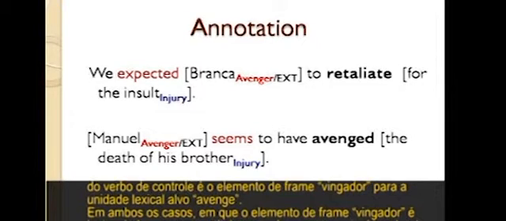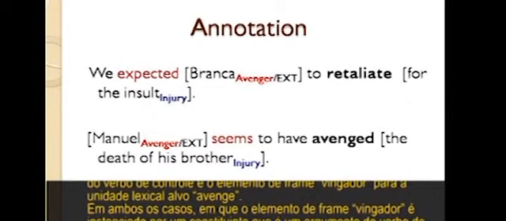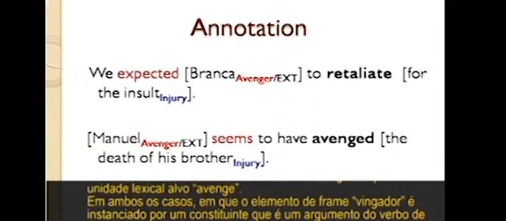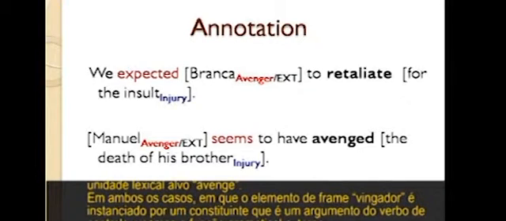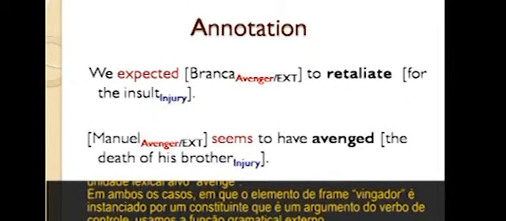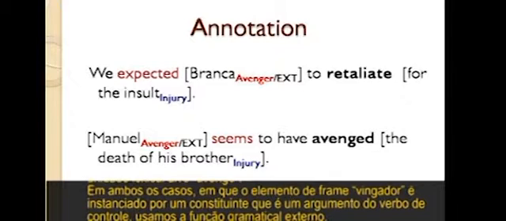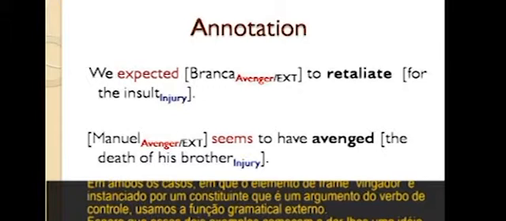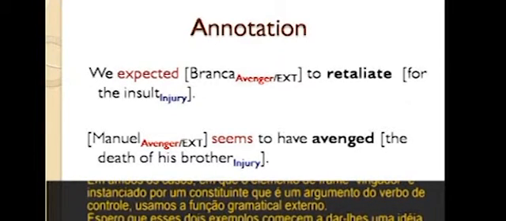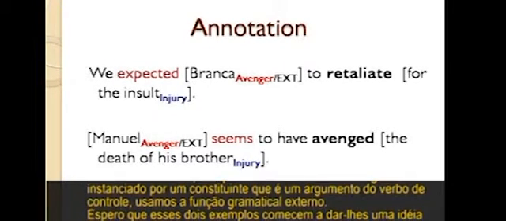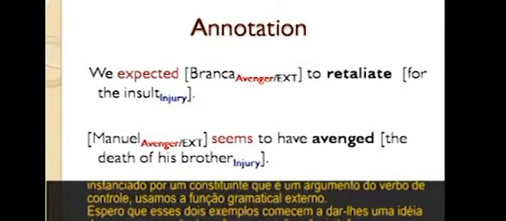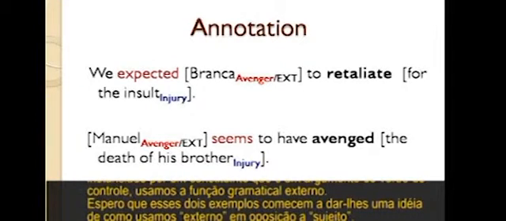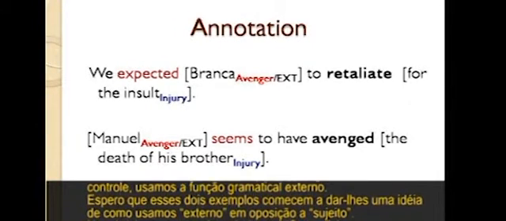So with the verb expect, in this example, the object of the control verb is the frame element of our target word, right? And in the second sentence, with the control verb seem, the subject of the control verb is the frame element Avenger for the target lexical unit avenge.